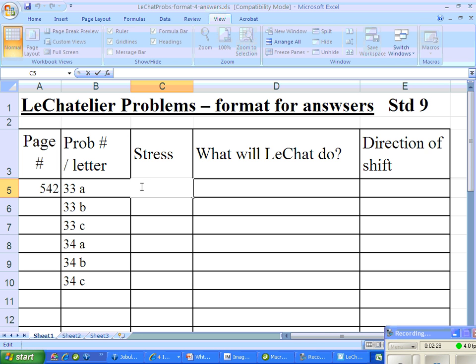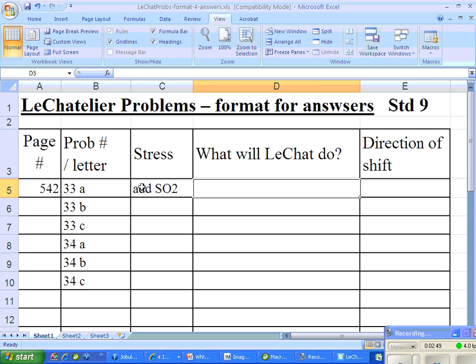First thing off, before we ever do anything, we want to find out exactly what the stress is. As I read the problem, additional SO2 is added to the system. That means we're adding SO2. So the logic is that LeChat wants to do the opposite.